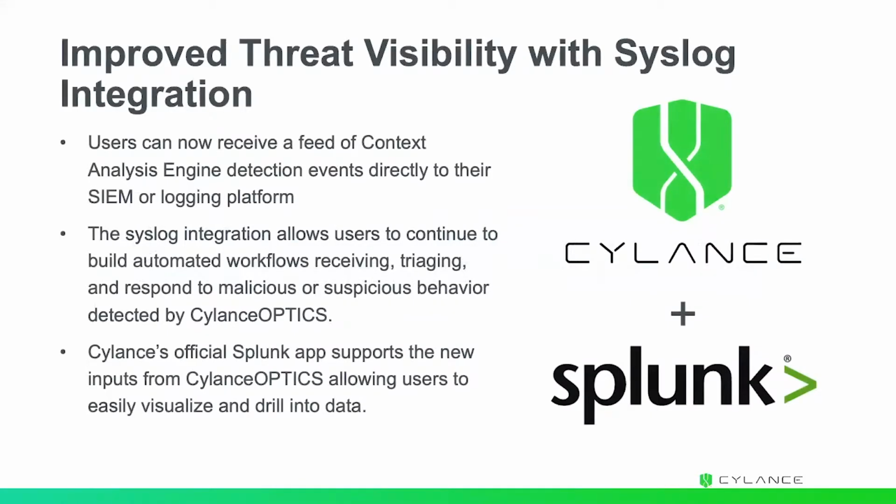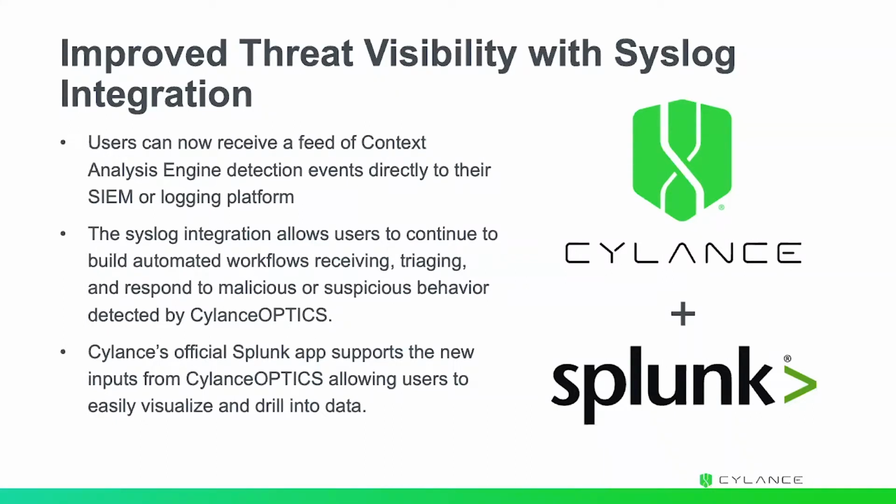So with the Syslog integration, this is something that we've gotten a lot of requests for from our customers and partners. For those of you who are already using the Syslog feed integration with Cylance Protect, this configuration happens directly through that same interface.